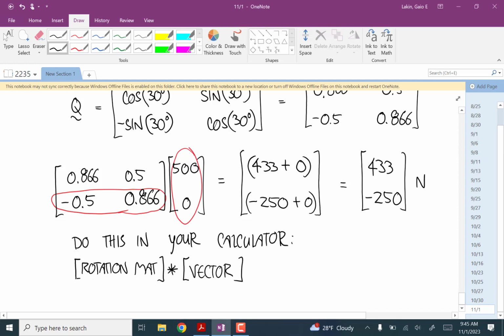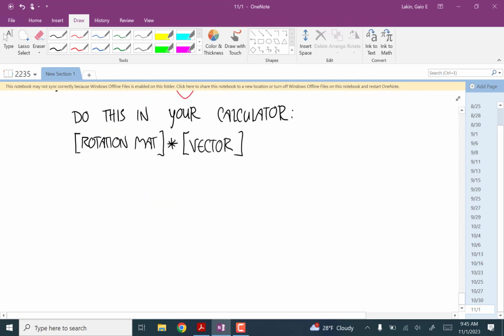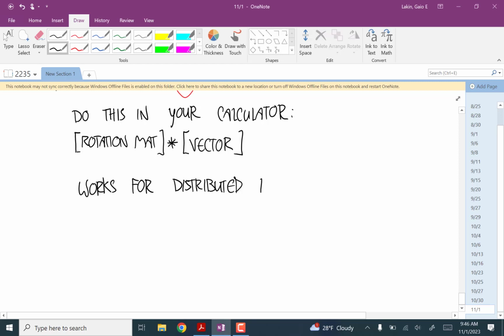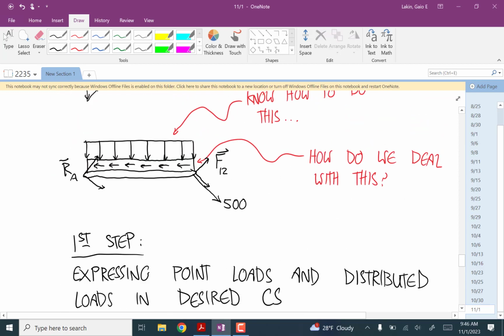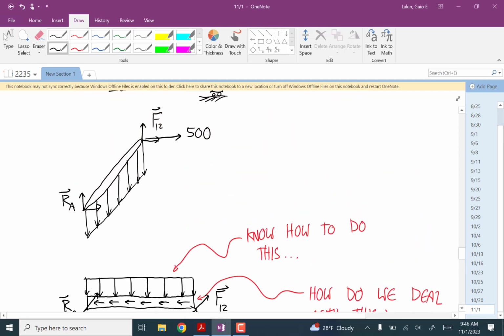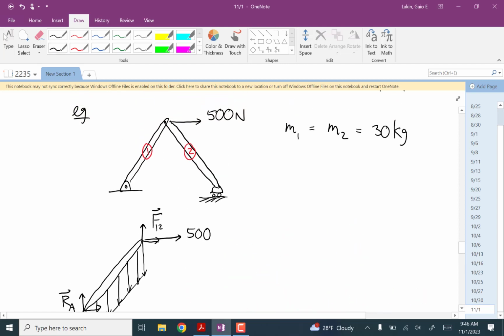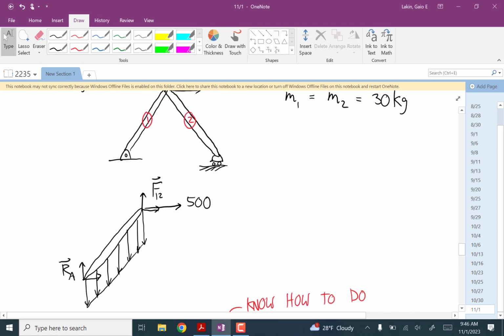Okay. Now it works for distributed loads too. So let's think about that distributed load for the weight. In the old coordinate system, the mass was 30 kilograms.